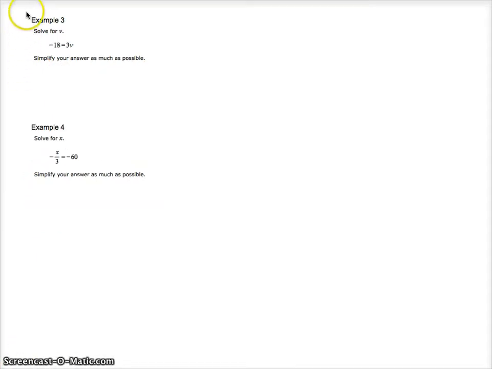In example 3, I've got a few integers. It says solve for v. Negative 18 equals negative 3v. Since it's 3 times v, I need to undo or cancel the 3.